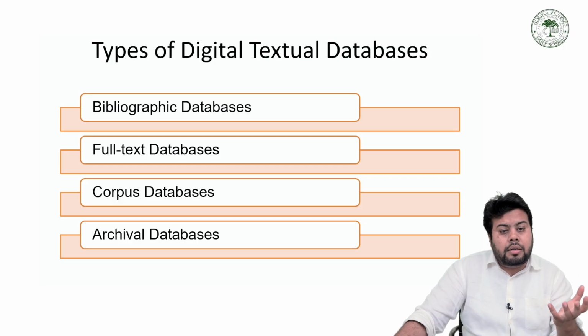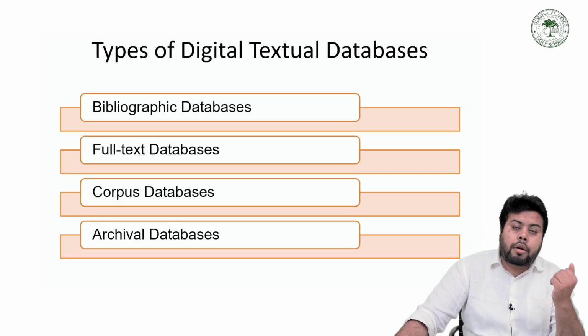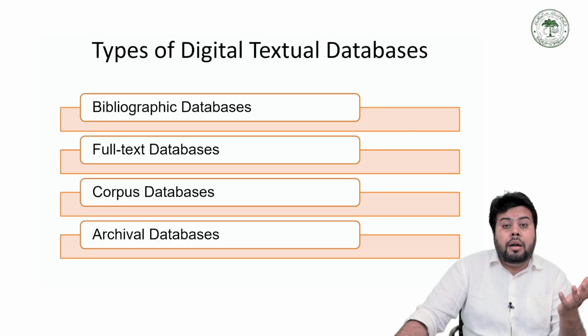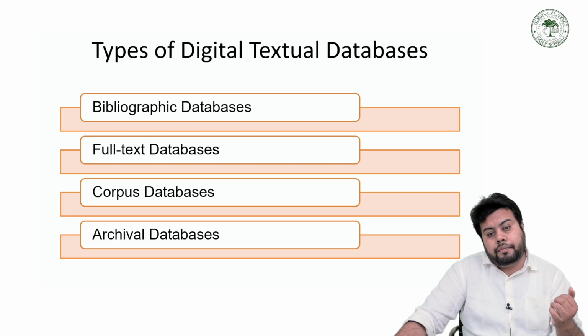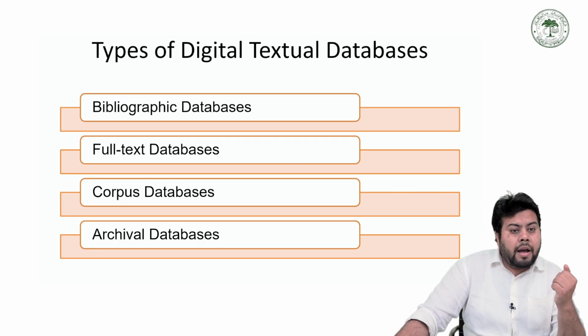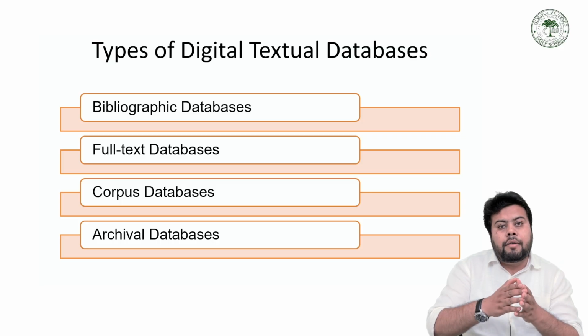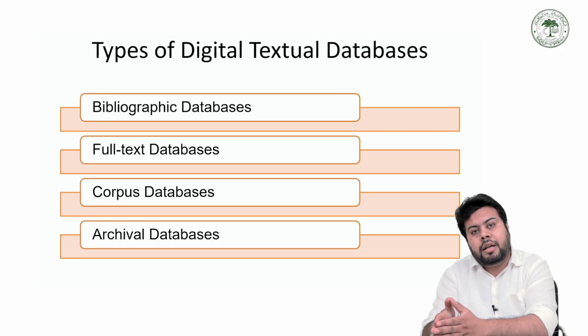Of course, the application of a bibliographical database is locating research articles, literature review, as I discussed, and sometimes citation tracking also. The next that we have is the full text database. Full text, as the name itself suggests, means it provides you a complete text rather than information about the text or the publication.